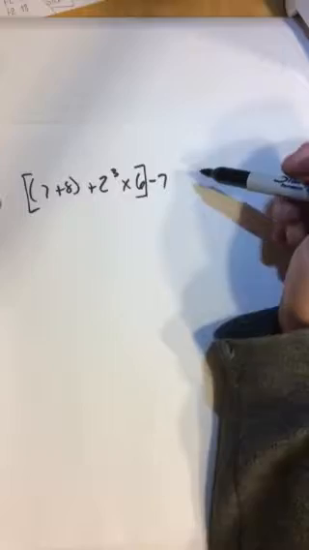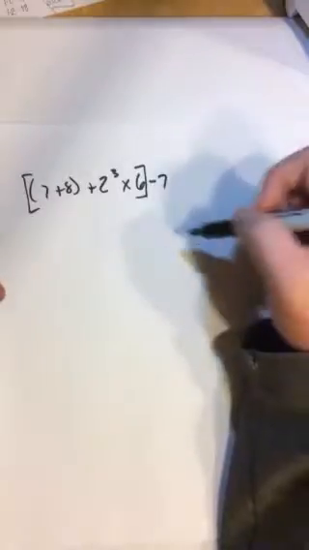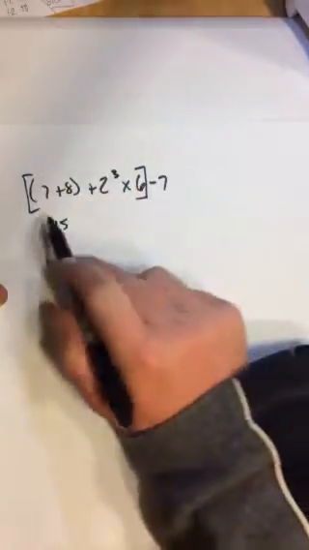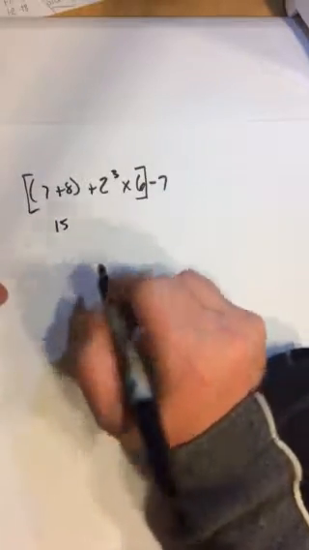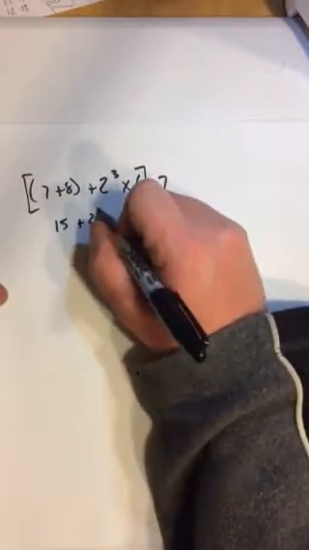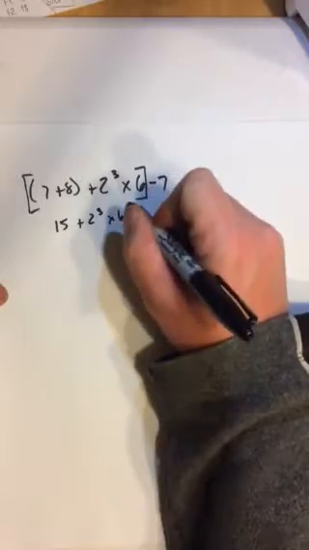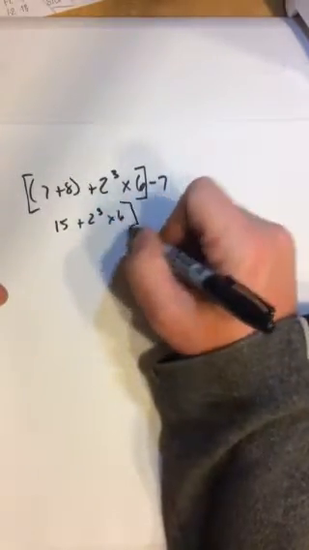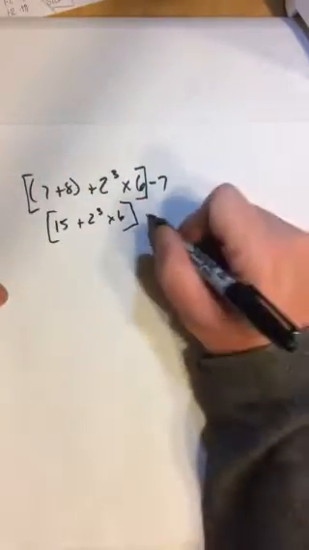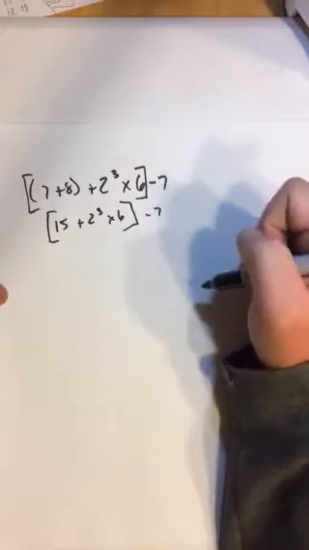When you're talking about multiple sets of parentheses, you have to work from the inside out. So we start with the most inside one, which is still 7 plus 8. Again, I've used everything inside of there, so I don't have anything left to worry about. The brackets are sitting around all of this, with a minus 7 out in the back.